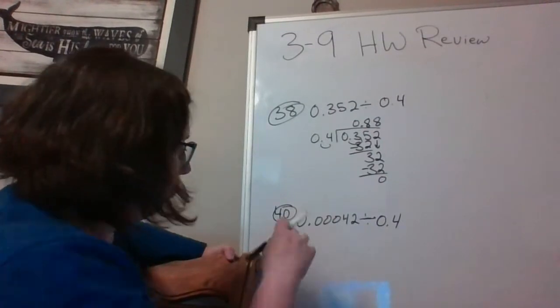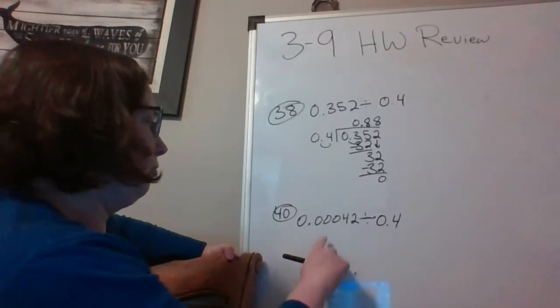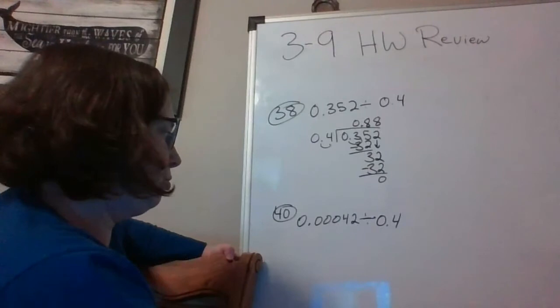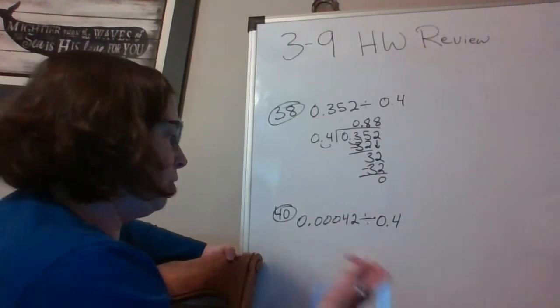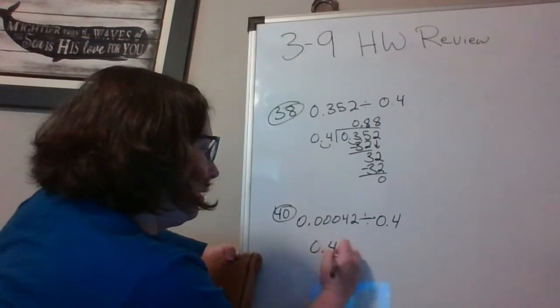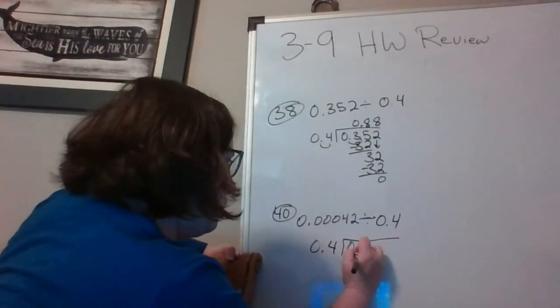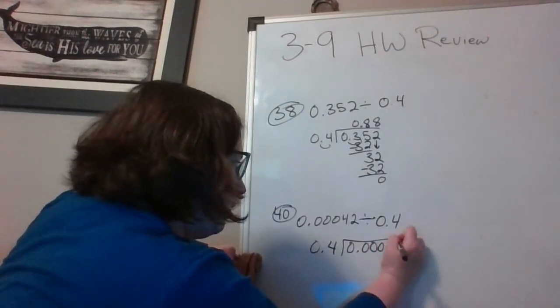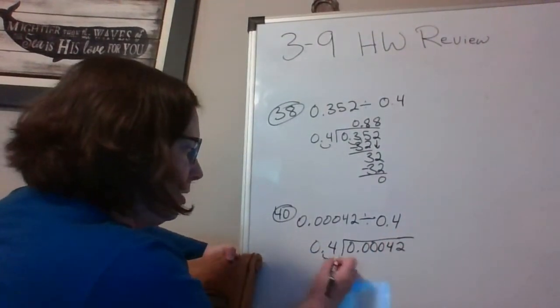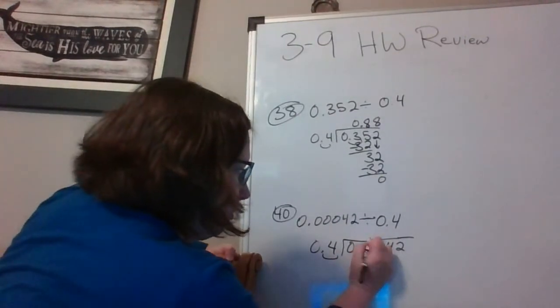For number 40, we have, oh dear, we have 42 hundred thousandths divided by 4/10. So we're going to write that with our division bar. Lots of zeros here. And then we take care of our decimal.